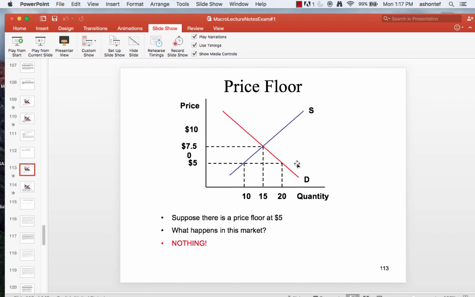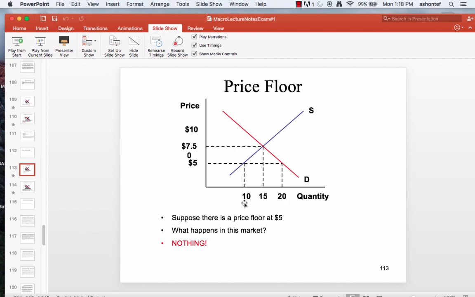Remember, a price floor means a price cannot go below a certain amount. So it can't go below $5, but it can always go above $5. When the government imposes this $5 price floor, not a price ceiling, momentarily the quantity demanded is 20 and at $5 the quantity supplied is 10. So there's a difference of 10 units, as in the previous question.